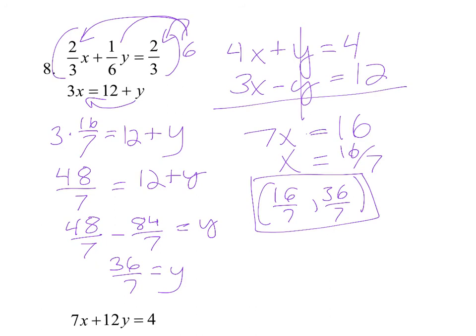Okay, so we used this one to find our point. So it's obviously going to satisfy that because we did the math for it. So we're going to check it in the one with all the fractions. No, that's just awful. Okay. 2/3 times 16 sevenths plus 1/6 times 36 sevenths equals 2/3.